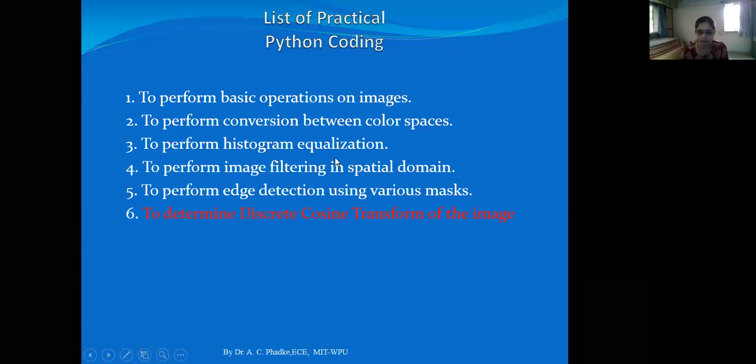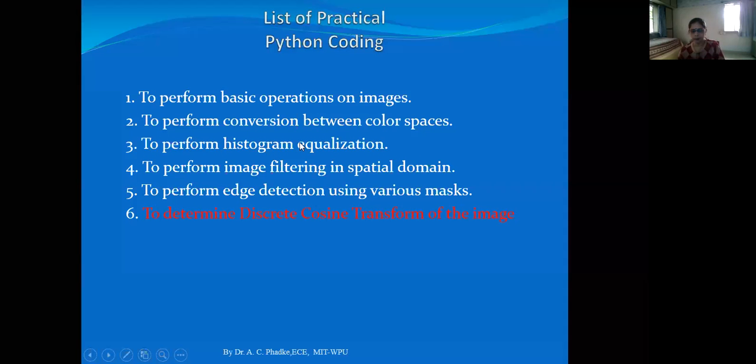So every 15 days, we will be having 1 or 2 lectures dedicated to Python programming. We will be having 4 to 5 practicals where we are going to write codes using OpenCV and Python for processing digital images.